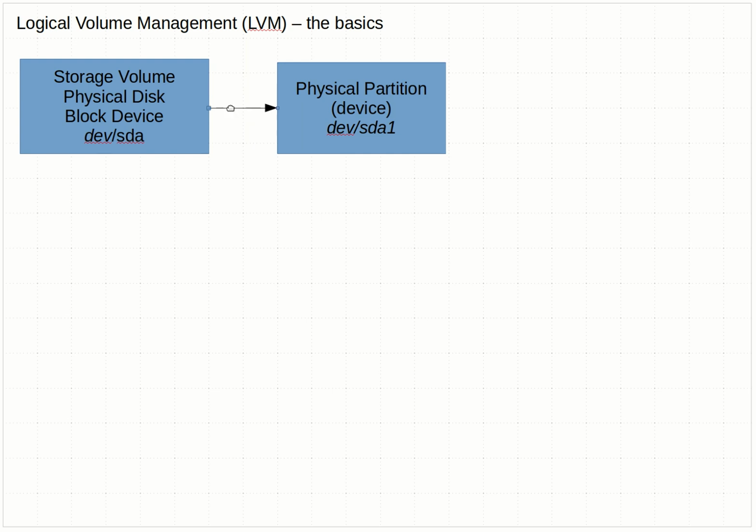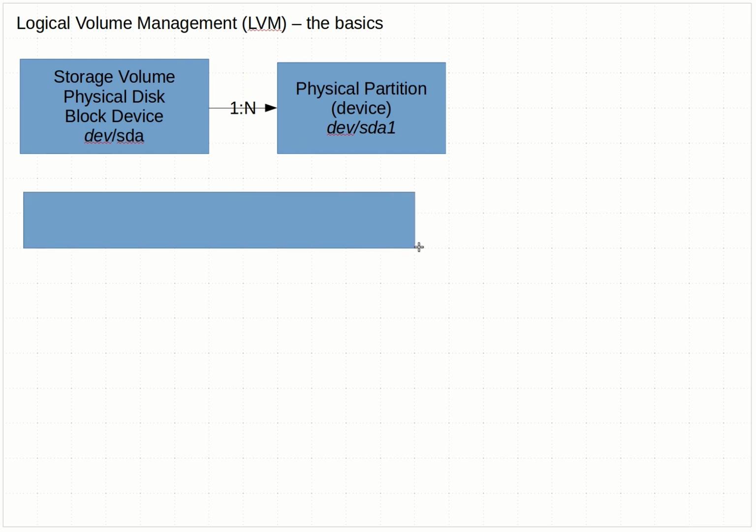You can split it into multiple partitions depending on what you want to achieve. For now we assume you have /dev/sda1, just one, and once you have your physical partition in place, you can create a physical volume.